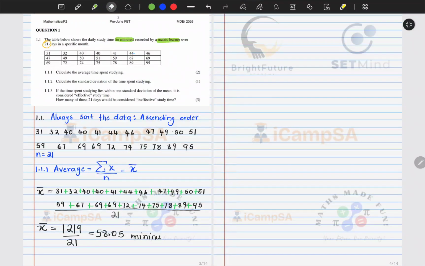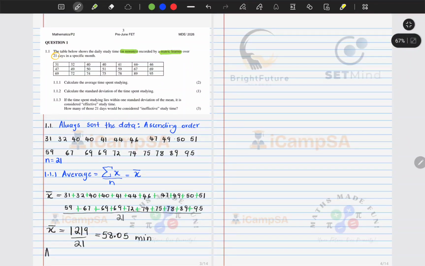So that is the mean, the average time studying, which is 58.05 minutes a day.